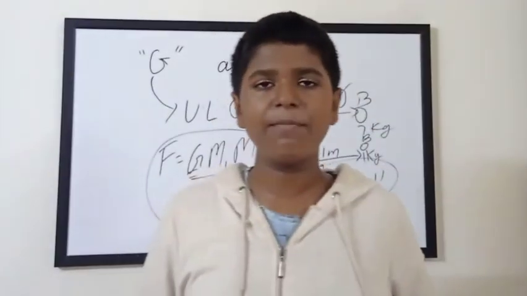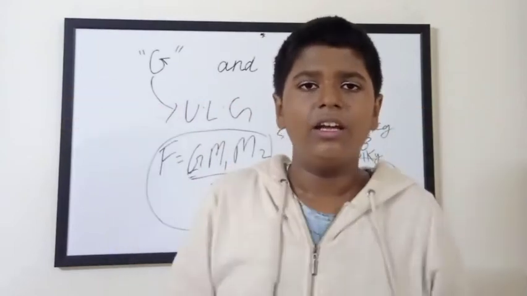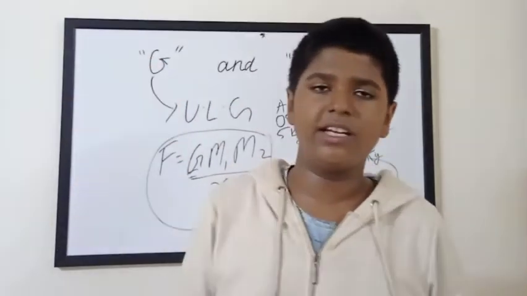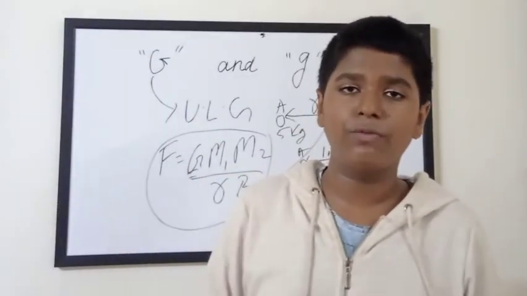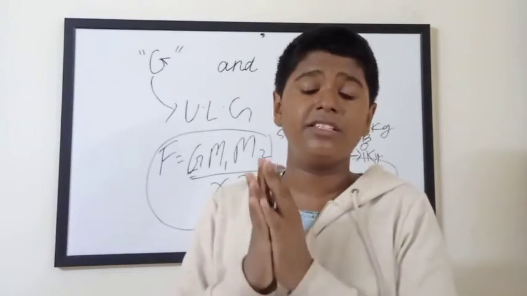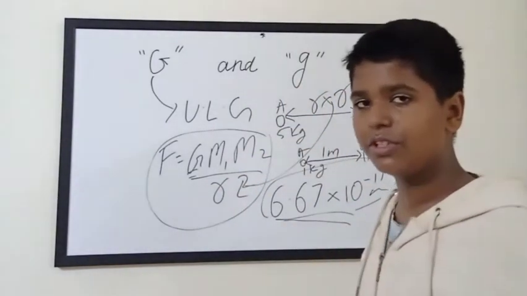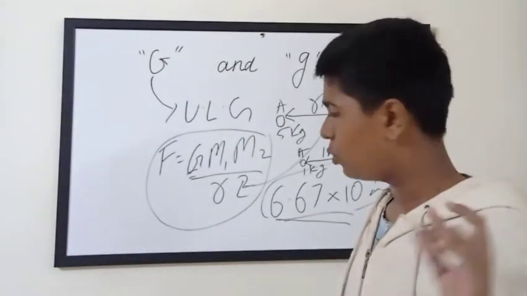What is this concept? If there are two balls, both are of 1 kg and are separated by 1 meter of distance, they will have an attraction force of 6.67 into 10 raised to the power of minus 11. This thing also has a unit, and I will be explaining this unit in the later part of the video.